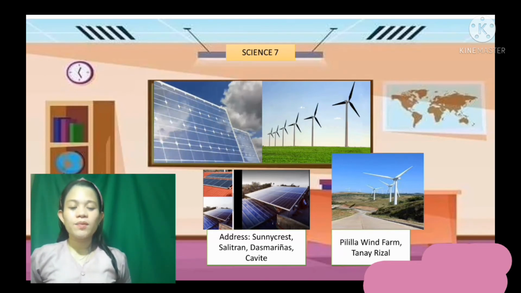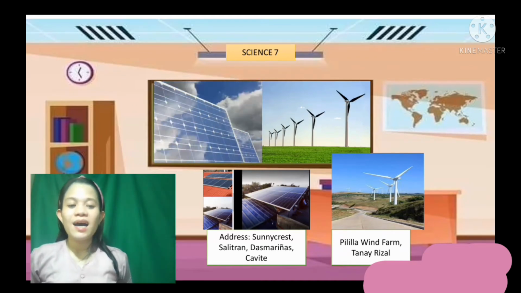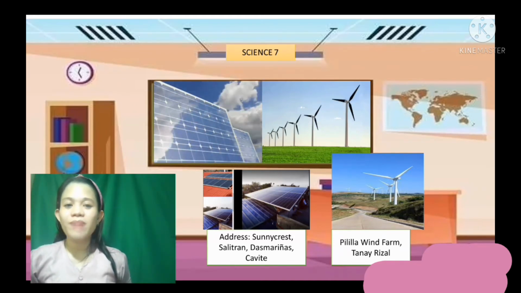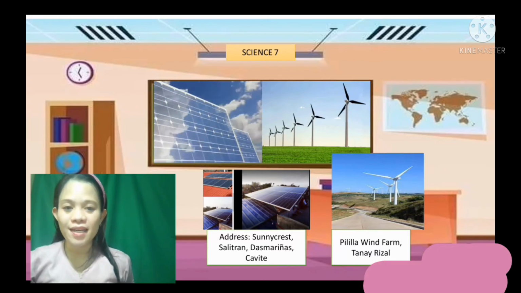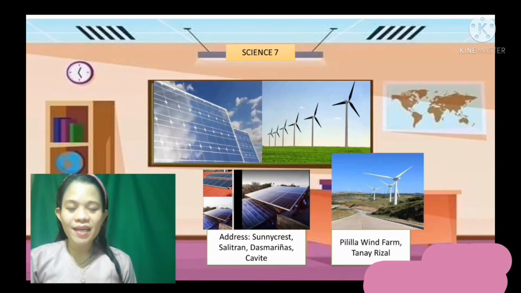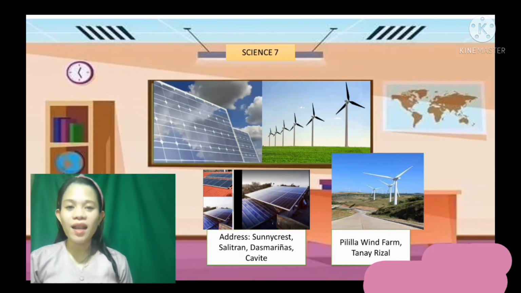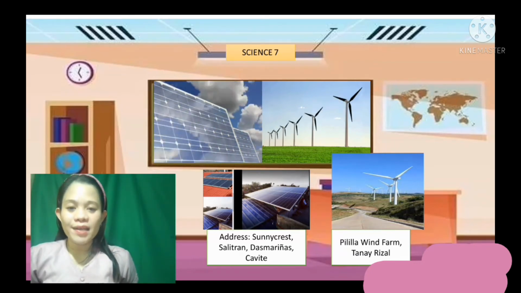Okay, so the solar power and wind power plant is one of the most environmentally friendly energy resources. Okay? So, why? Because it is a natural kind of source of energy.